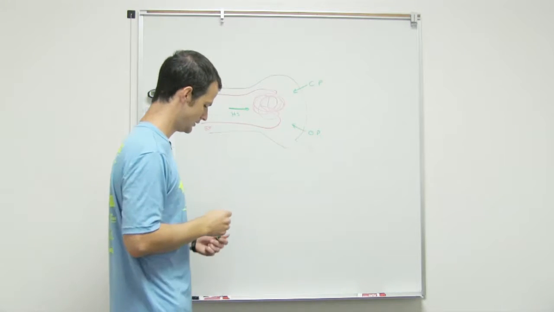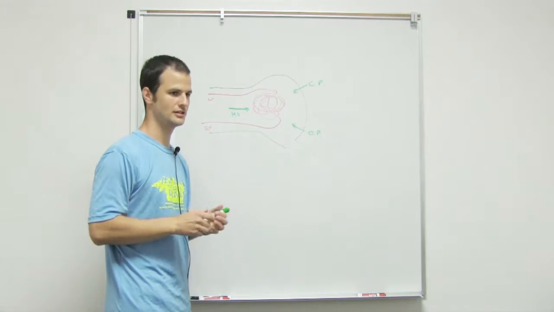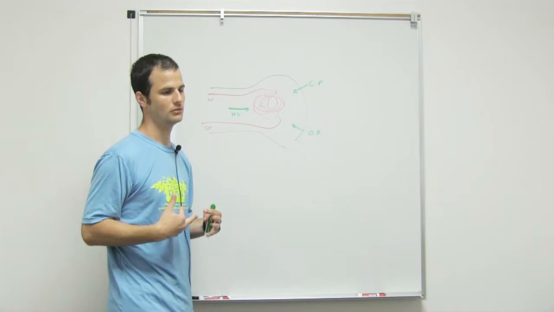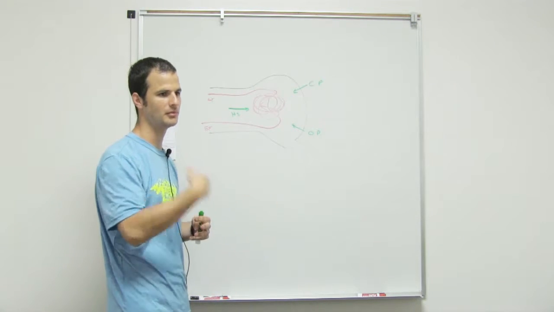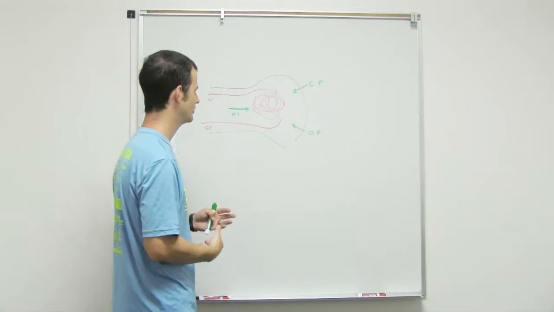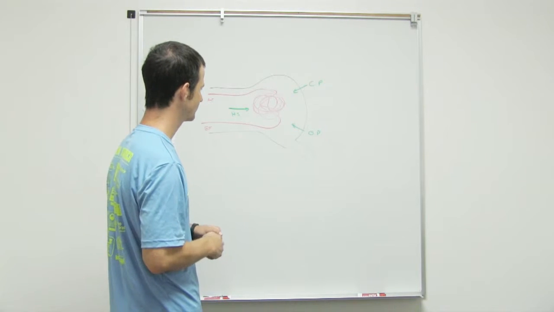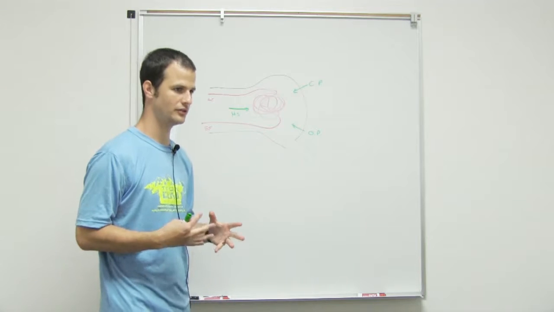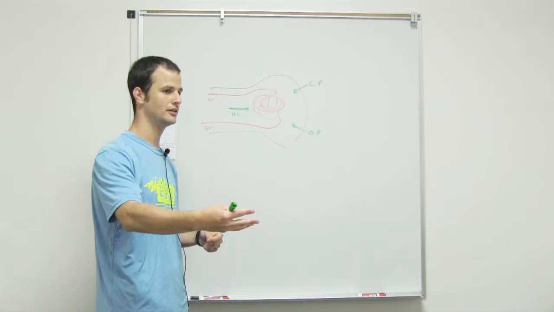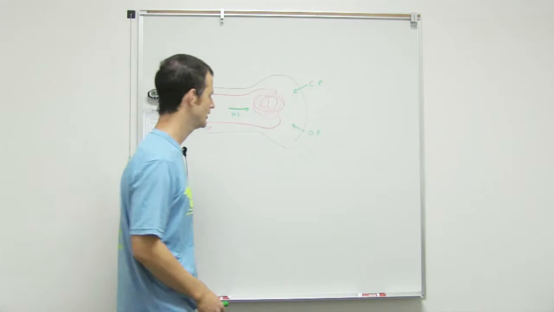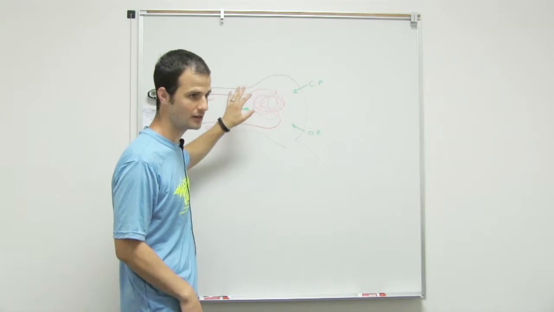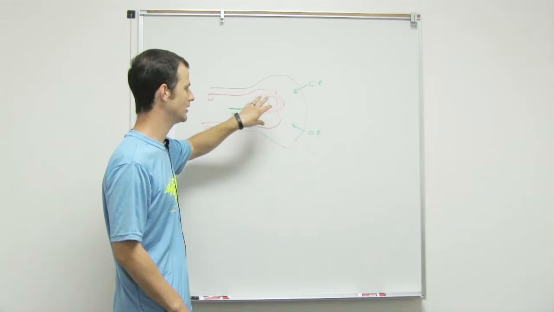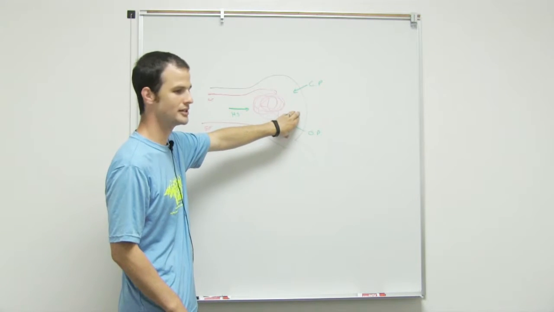Osmosis is the travel of water through a selectively permeable membrane. Water always wants to travel towards whatever is more concentrated. The blood is going to have tons of particles in it, red blood cells and stuff, so it's going to be a lot more concentrated than this space right here.